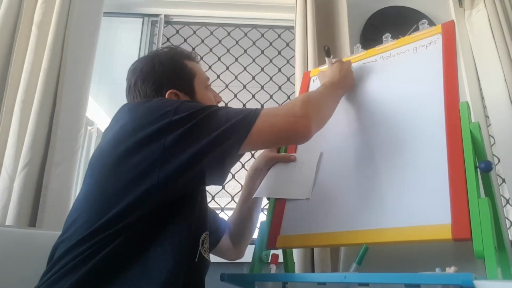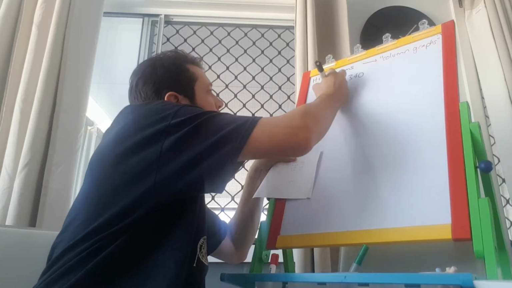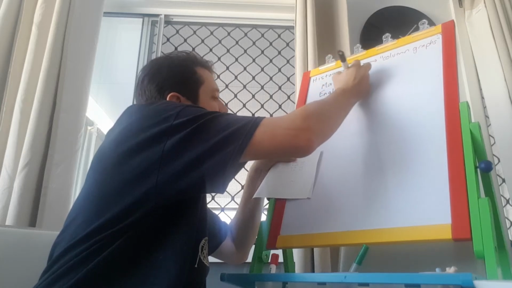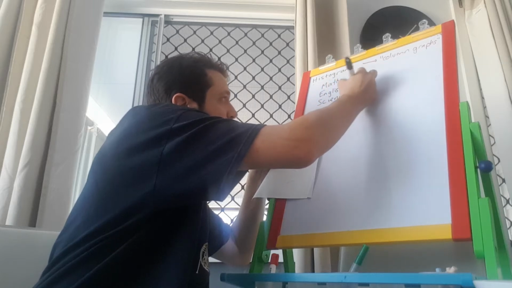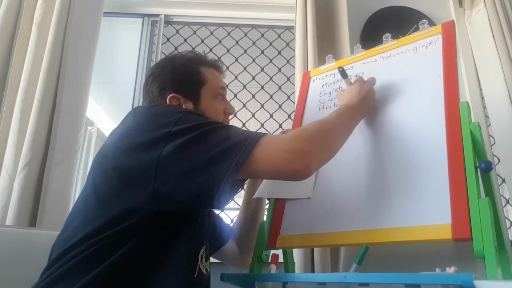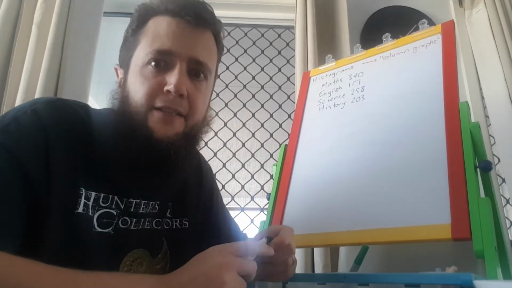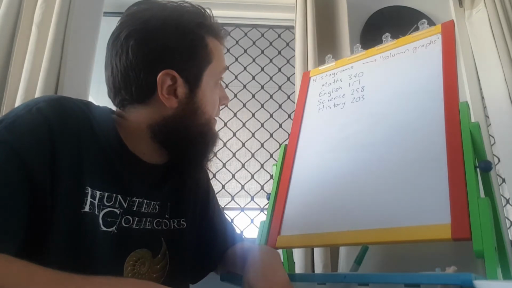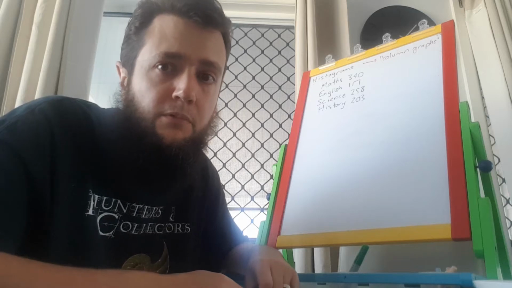We got maths at 340, English 117, science 258, history 203. So that's a measure of how many people found them their favourite subject. So isn't that impressive? Maths is still where it should be.